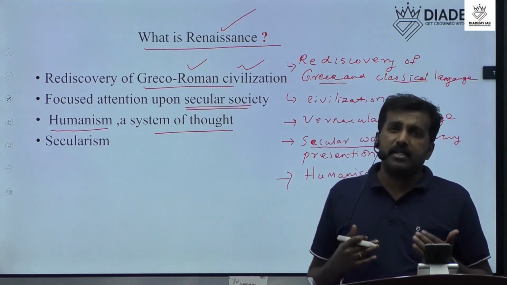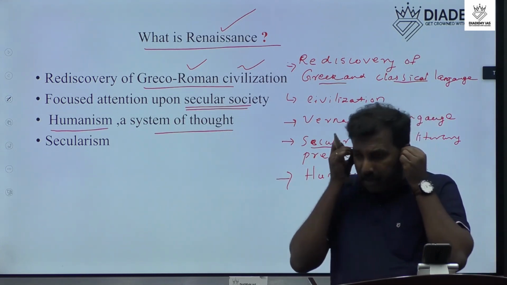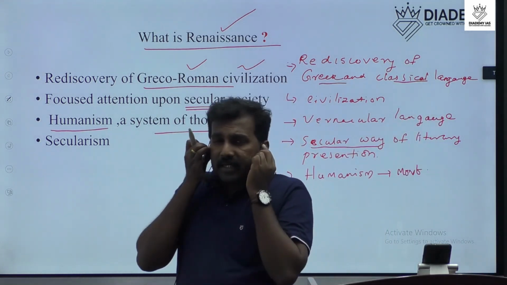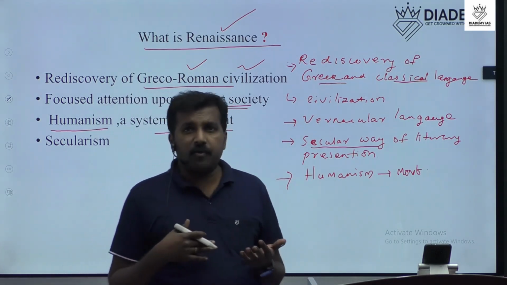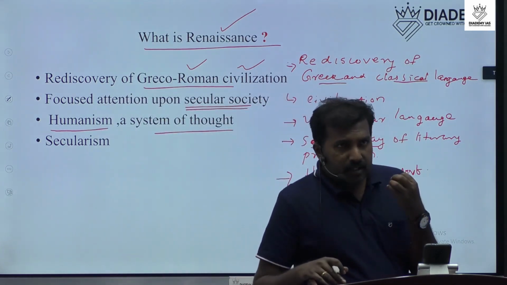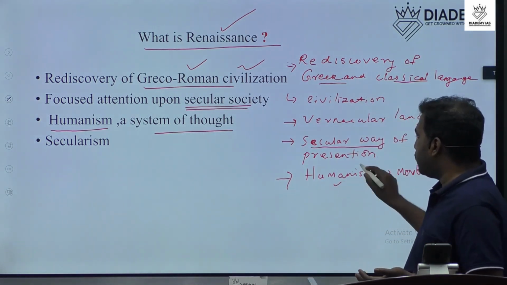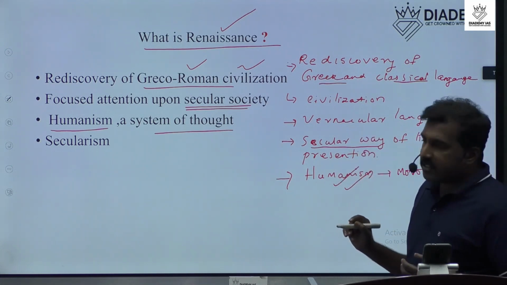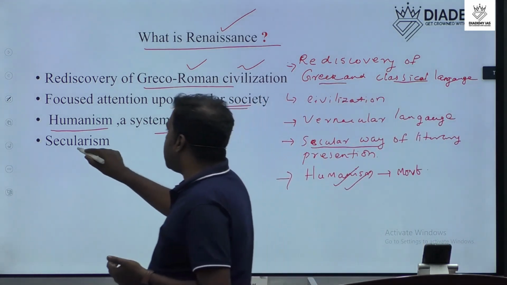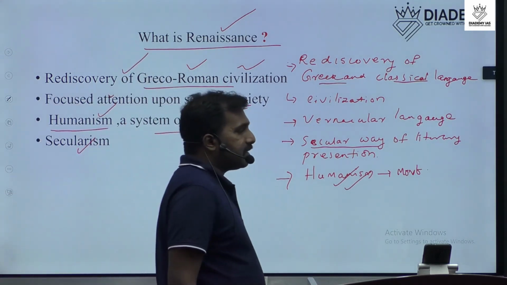Through this movement, a lot of literary authors promoted the life of common people, which was also good for the common community. So that is the important point regarding humanism. These are the important points we discussed about the introduction of Renaissance.